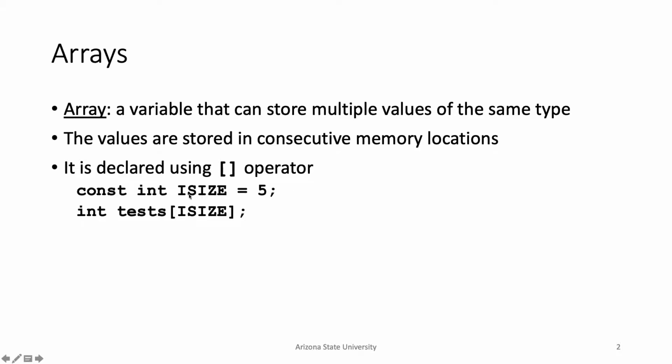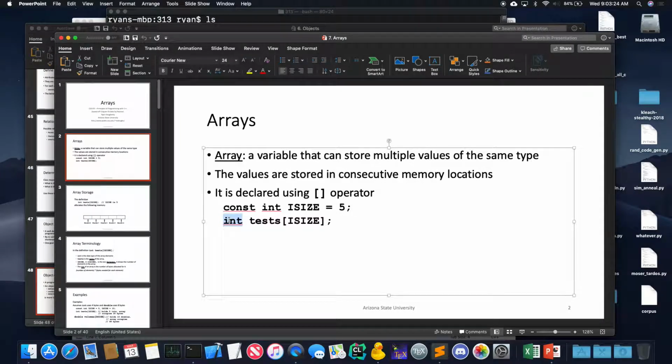So in this case, we have I size equal to 5, which means we're going to have 5 integers in this array. And the type on the left signifies what types are going to be stored inside this array. So if I change this to be string, for example, what can you tell me about the tests array now? Yeah, it's going to have 5 strings.